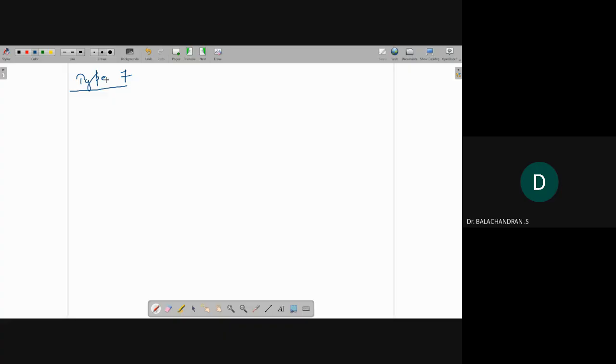But those problems which I am going to solve in type 7, we will solve the same problems in another method. The name of the method is method of variation of parameters. That is also in the syllabus. Maybe next week we will discuss method of variation of parameters.